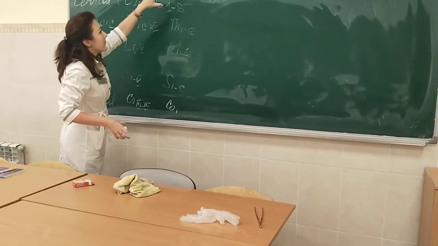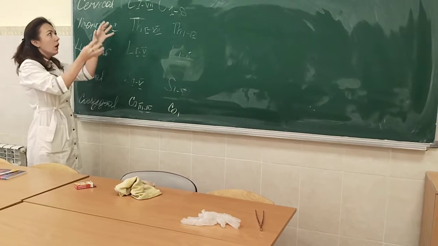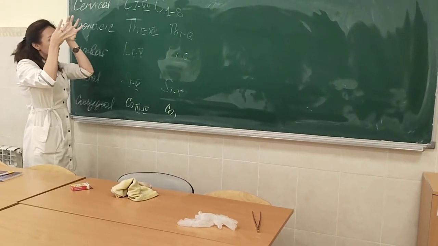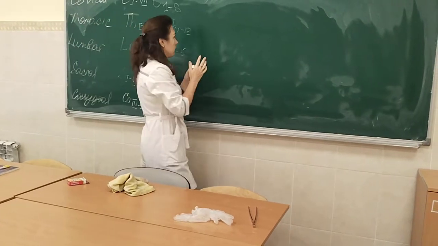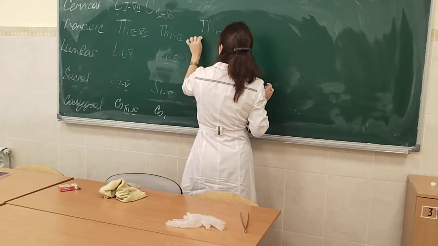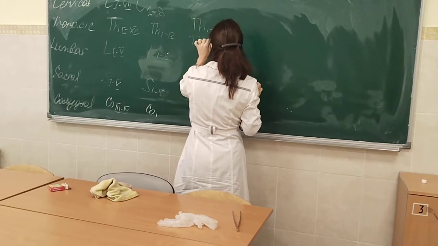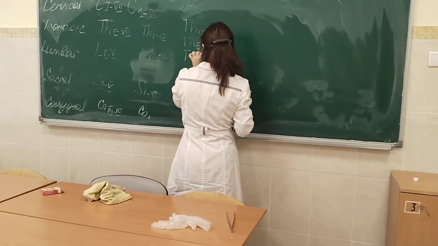In the cervical segments, as we said, there is no difference. Cervical segments are located at the level of the corresponding vertebrae. The difference starts from the thoracic segments. To describe the skeletotopy of thoracic segments of the spinal cord, we should divide them into 3 groups.